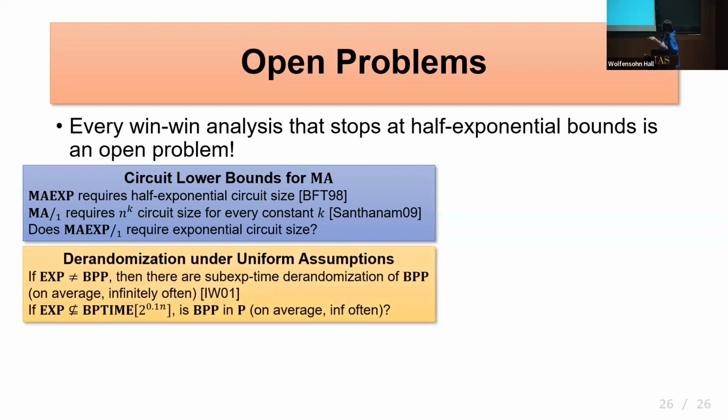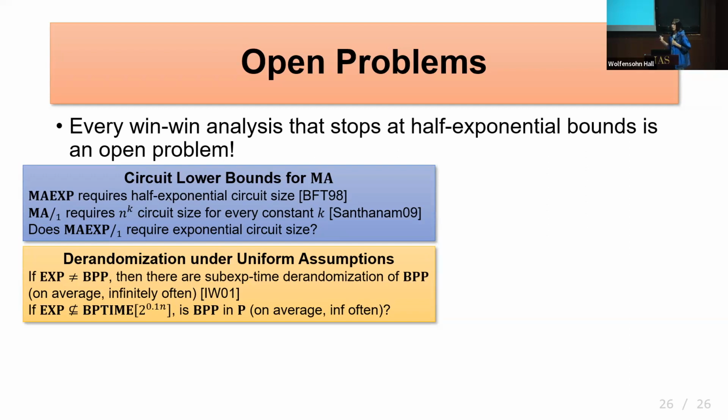Another interesting example is randomness versus time, where Russell, Impagliazzo and Wigderson showed that if EXP is not equal to BPP, then we can get a subexponential time derandomization of BPP, subject to some caveats like average case and infinitely often.